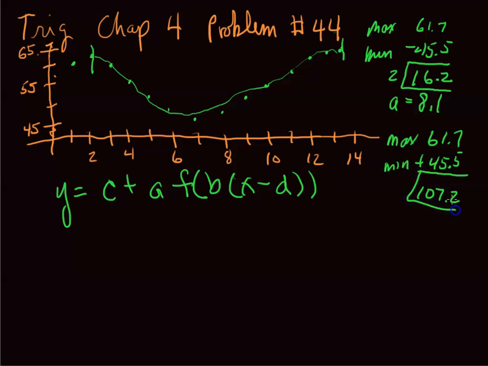And half of that should give us the middle, the C, how far it's moved off the x-axis. That should be 53.6. That's what C is. Oops. C is down here.